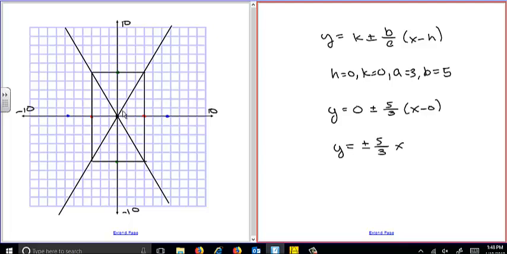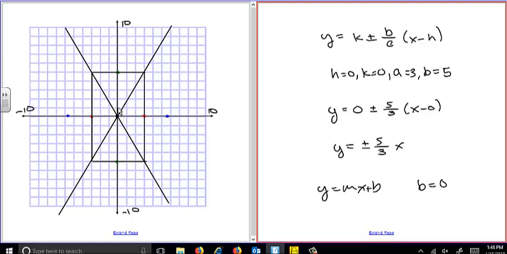Anytime you have a hyperbola that's centered at the origin, you just have a simple proportion. And that's how you would do it otherwise. If you think about it, the lines go through the origin. So if I think about y equals mx plus b, slope-intercept form, you can see the y-intercept for both of these is going to be 0. Then all we need to figure out is the slope of these lines.